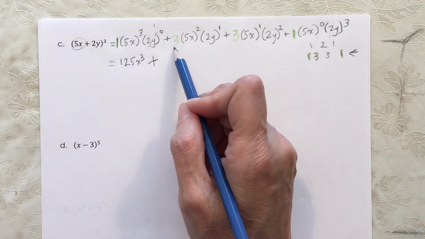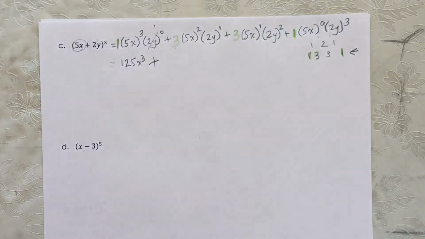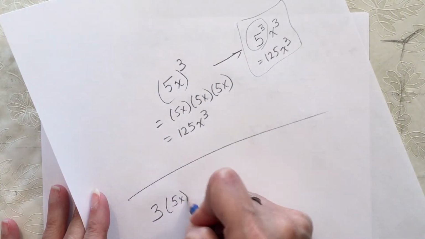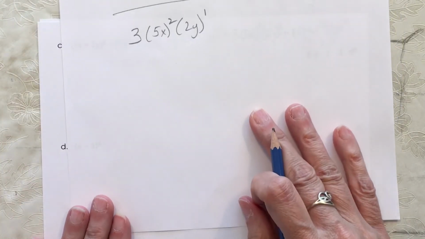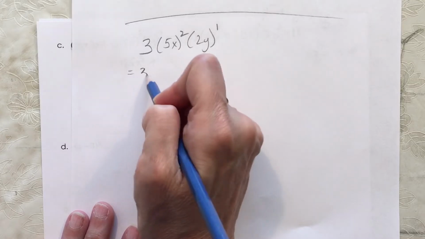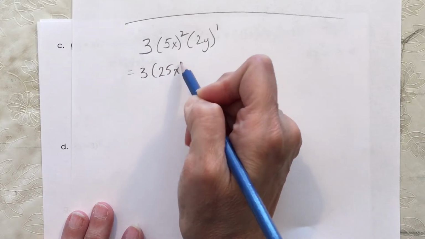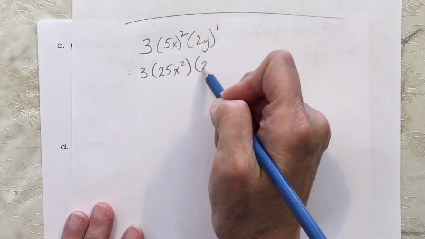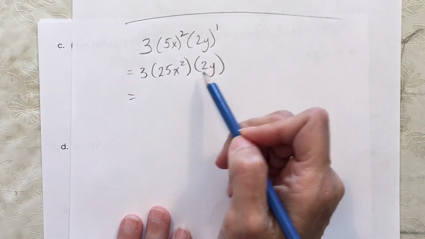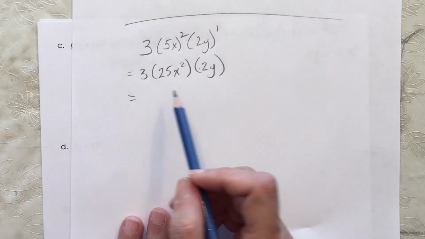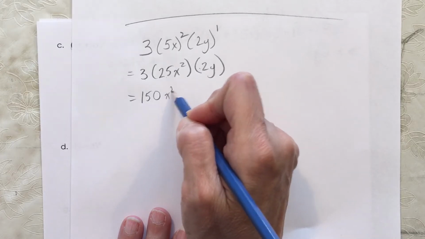Plus, so now we've got this term here. So let's think about this term here. So there's a 3, that's our Pascal number, times (5x) all squared times (2y) to the 1. So that's 3, (5x) all squared is 5x times 5x, so that's 25x squared, and then times 2y. And we can see that that's going to end up being 3 times 25 times 2, which is 150, x squared y.